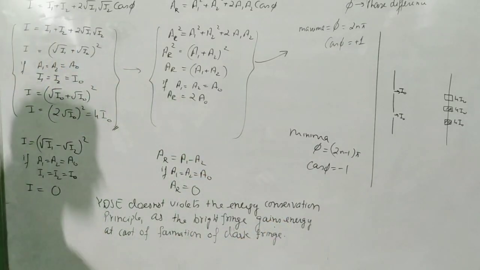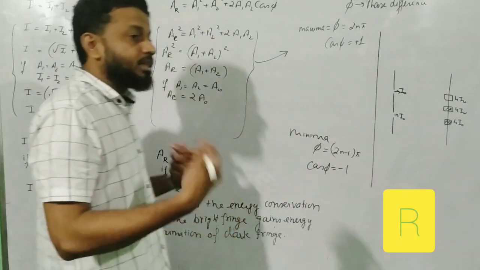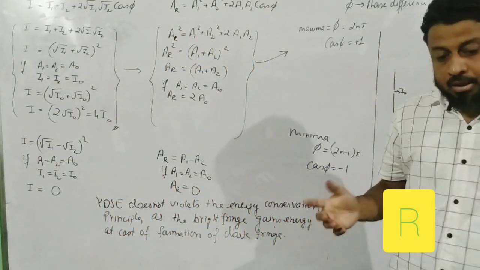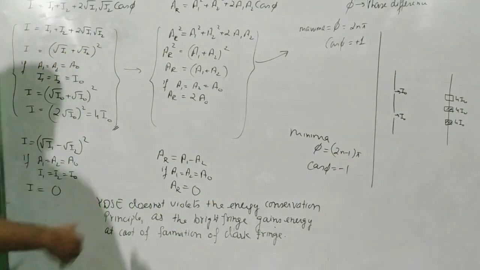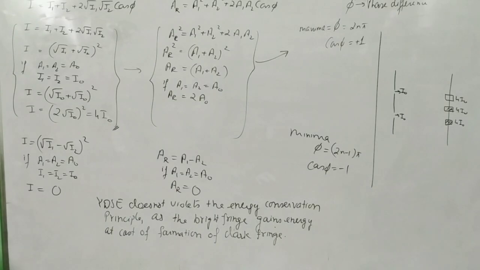That means the dark region loses the energy and that energy is gained by the bright region. So that is the reason part. Now we are going for some graph. So pause the video and take a note of this.